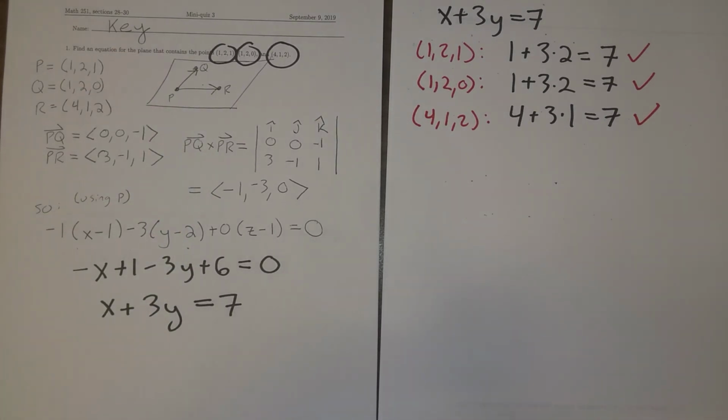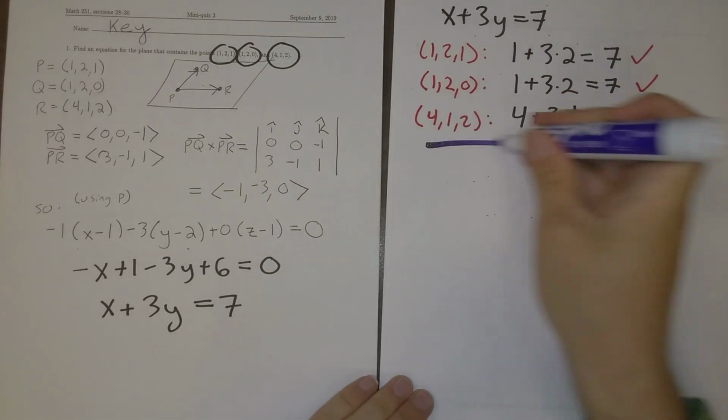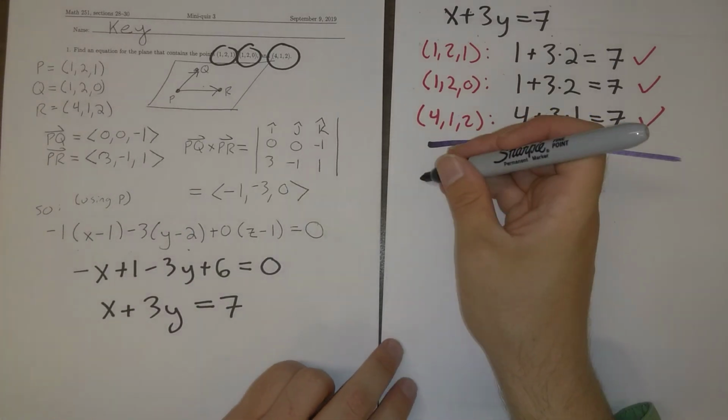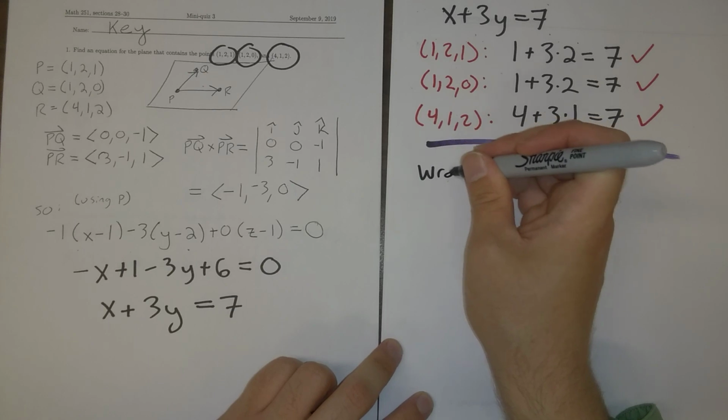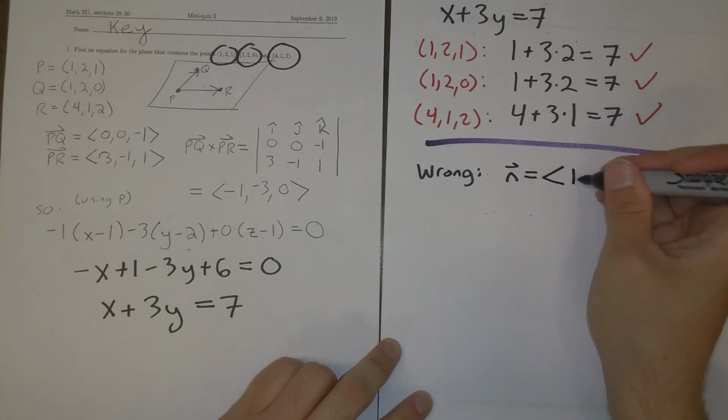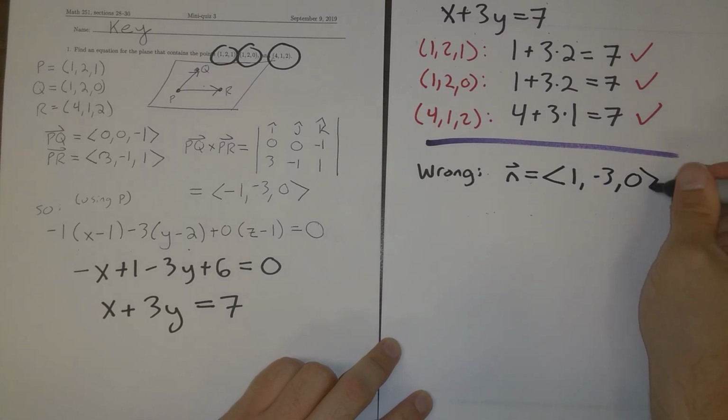Just to maybe illustrate how something might go wrong, a very common mistake that people were making on this was that the normal vector, so let me write here "wrong", lots of people had the normal vector as something like (plus 1, minus 3, 0).